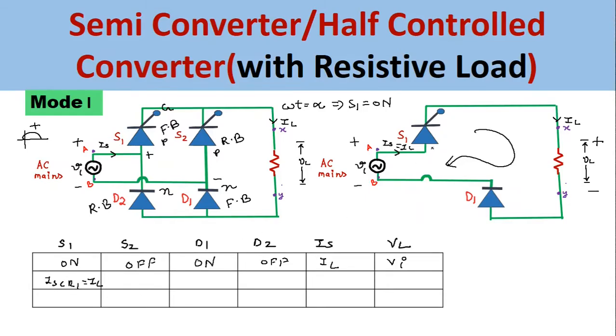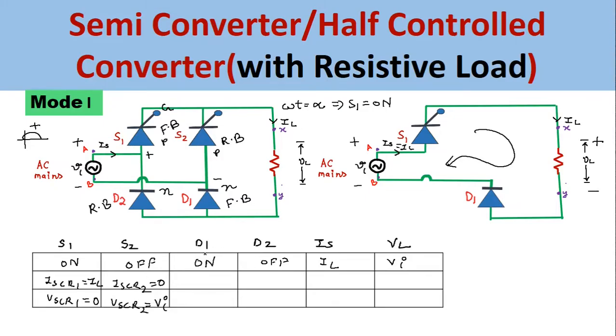Because it is on, it will be considered as a short circuit in the ideal condition. So the voltage across it VSCR1 will be equal to 0. Now we will take SCR2. SCR2 is off, that means current through this SCR ISCR2 will be equal to 0, and voltage across this SCR will be equal to input voltage VI, as it will act as open circuit.